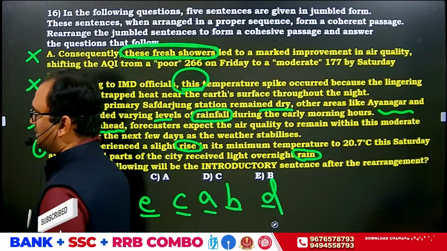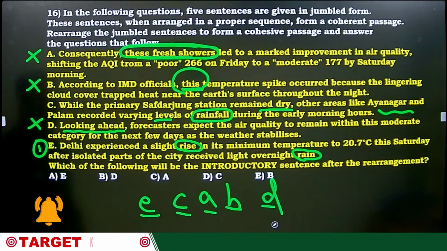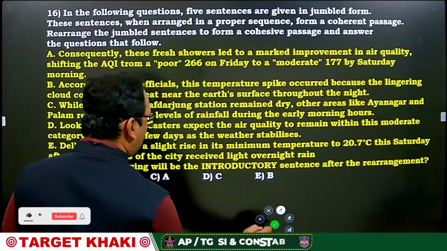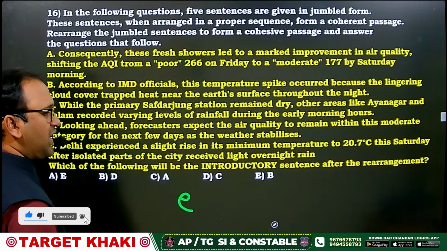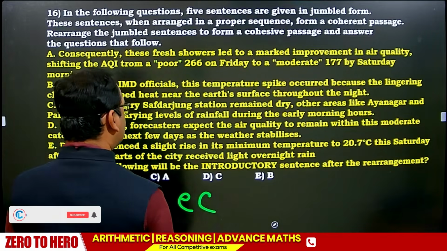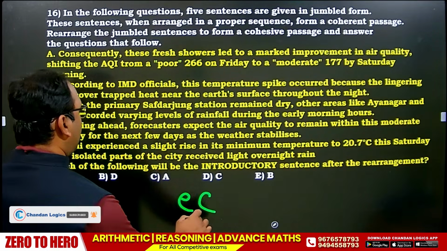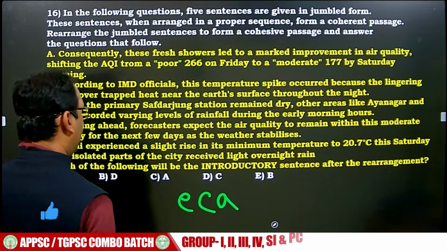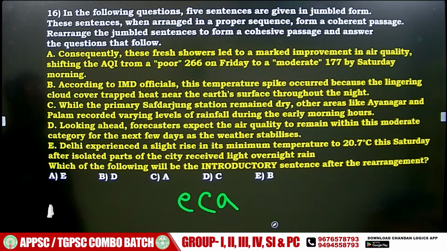Very, very simple story. If you want, I'll explain once more. I'll tell you the story now. In New Delhi, in some parts there was no rain, in some parts there was rain. In two areas there was rain, Ayanagar and Palam. Because of this rain, air quality improved.